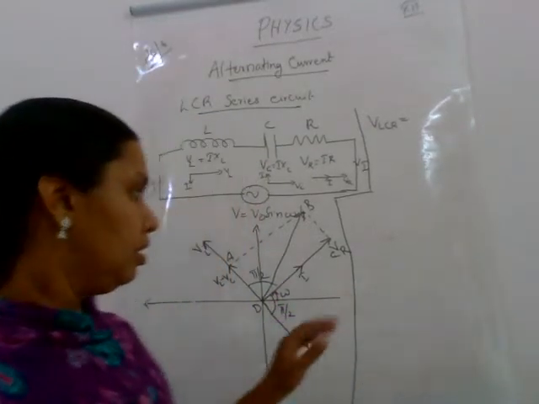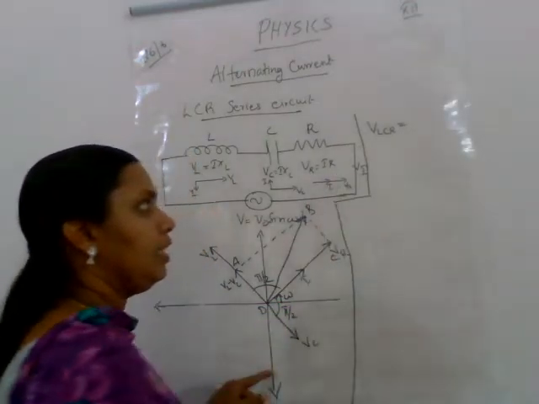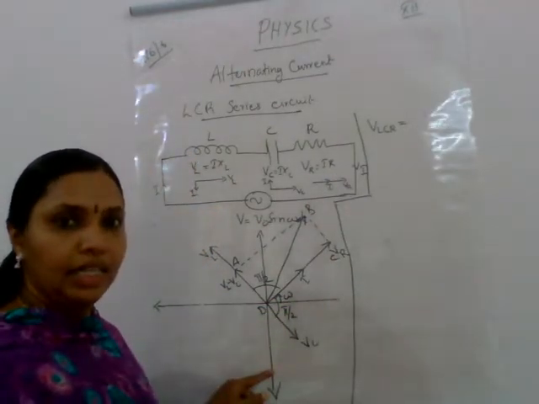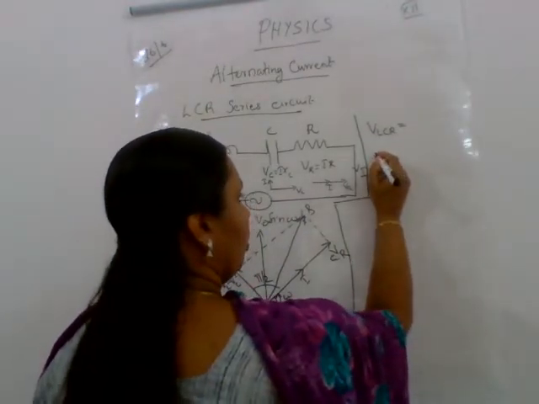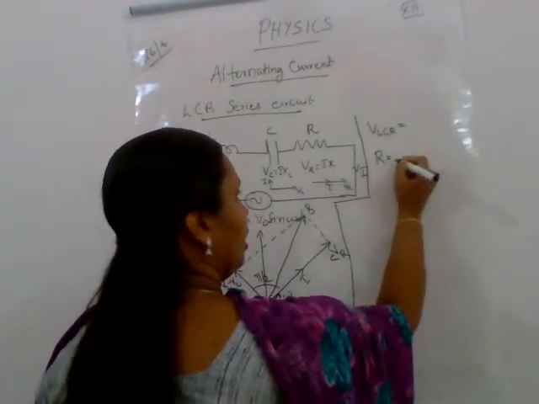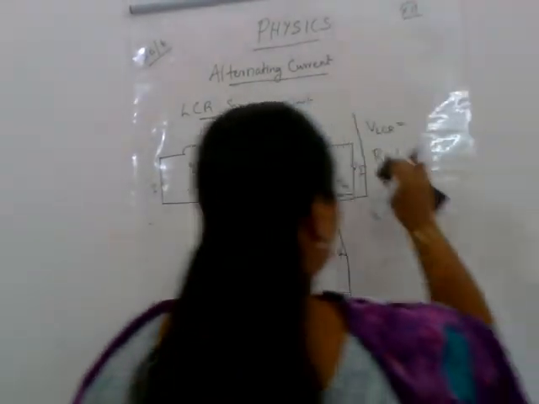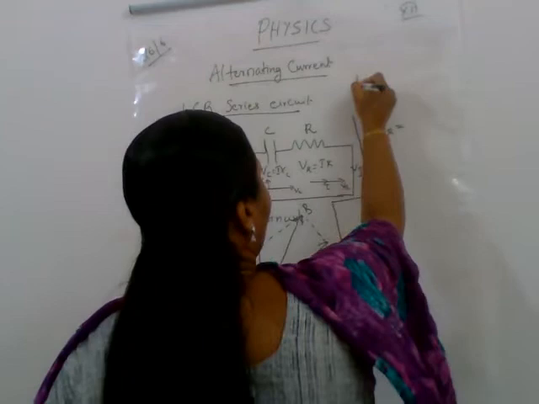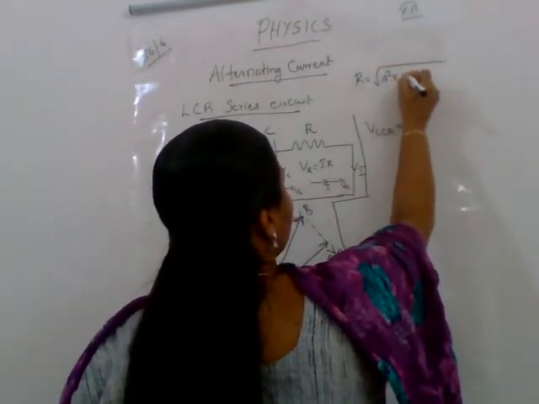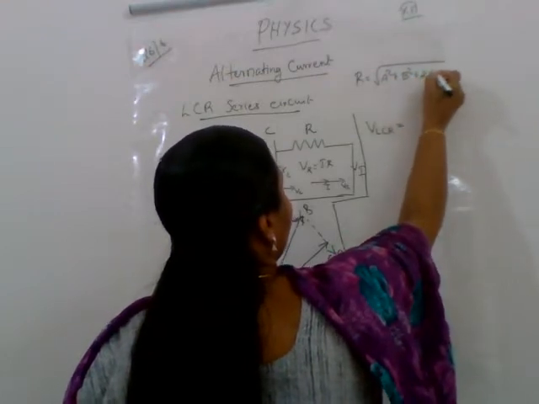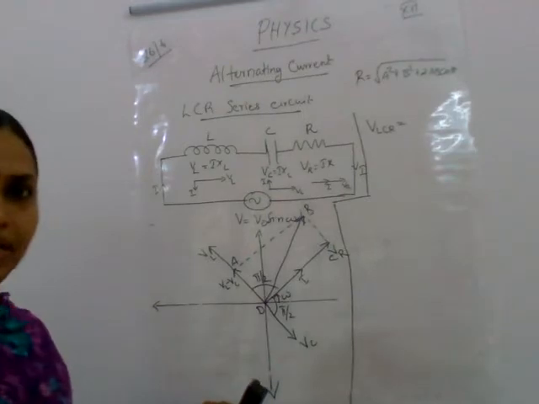So DB is the resultant, and I am writing it as VLCR. According to the parallelogram law of vector addition, R is equal to root of a square plus b square plus 2ab cos theta, where a and b are two vectors.